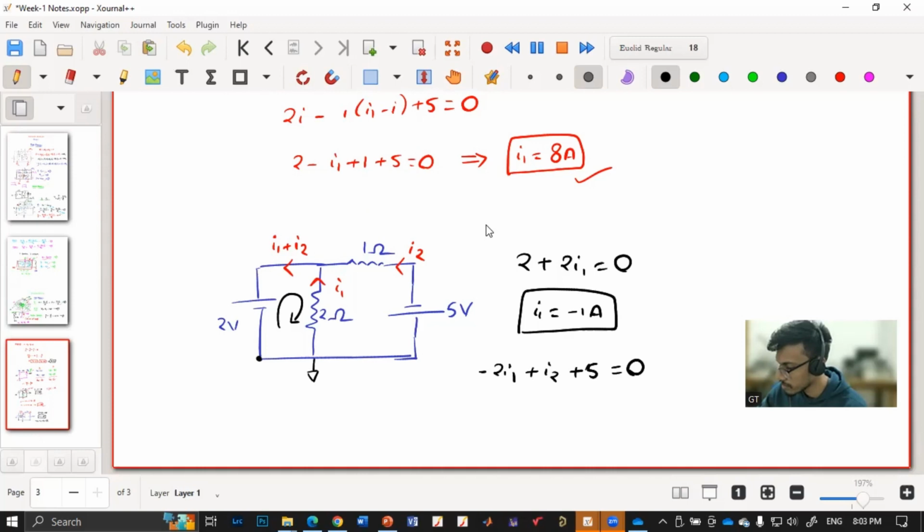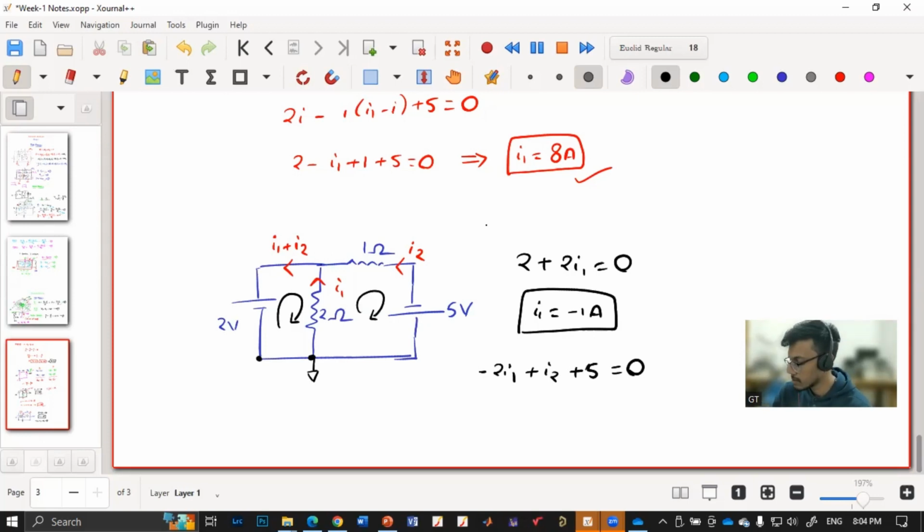Same current direction you're taking, no? See, from here to here, it is a potential decrement, we are going to the lower potential. So minus 2I1 minus I2 into 1, because resistor into voltage, plus 5 is equal to 0. I have applied KVL in this.